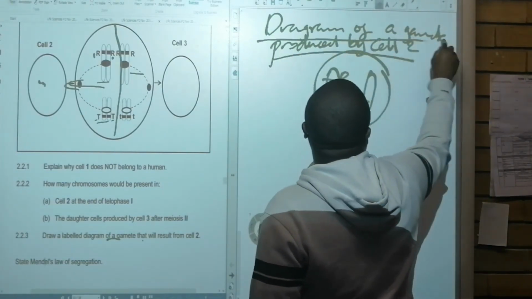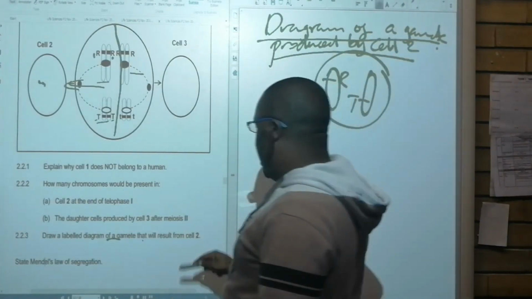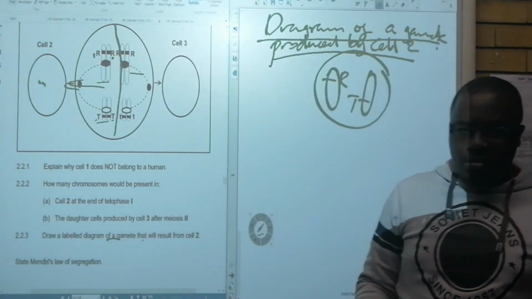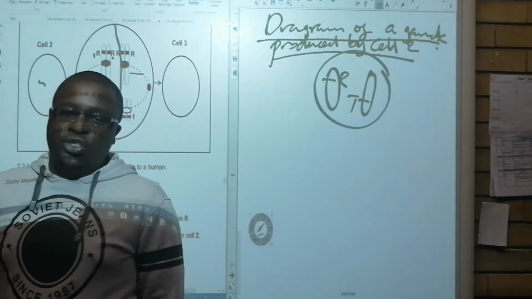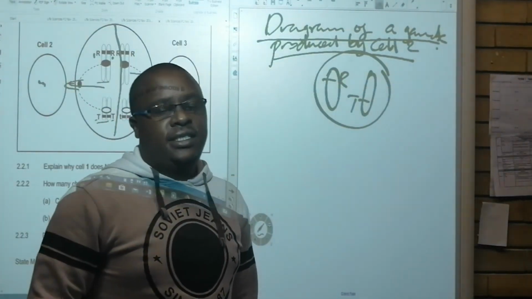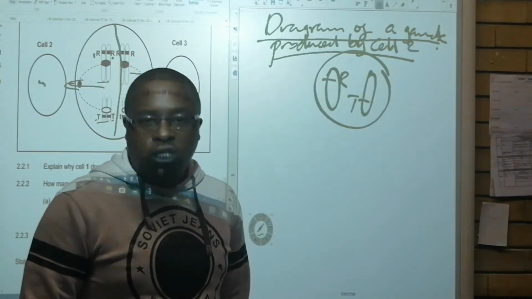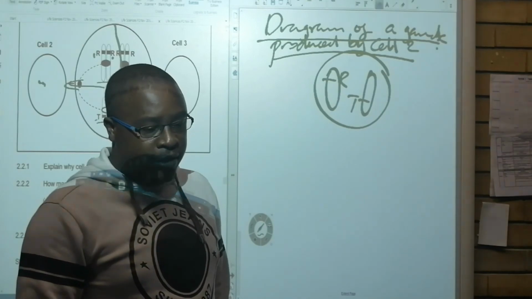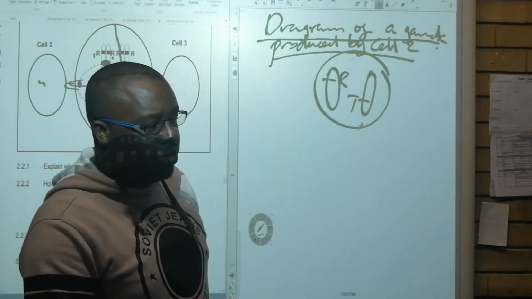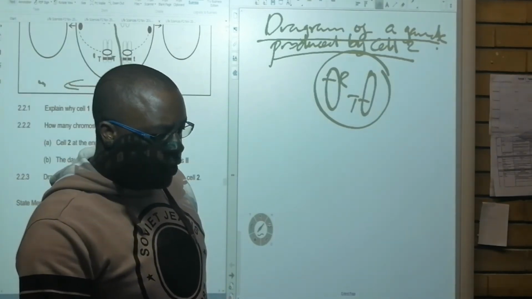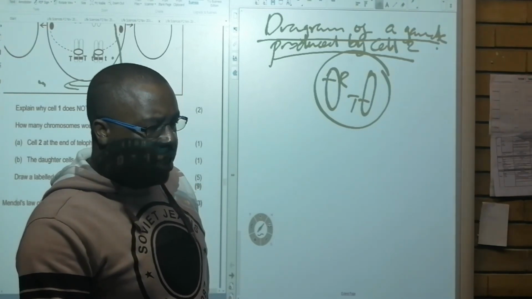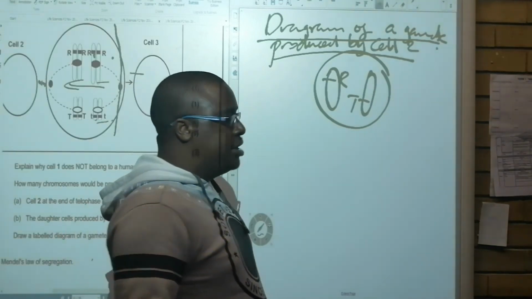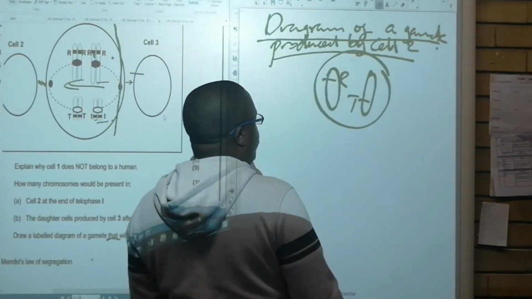I underline that. And then I have the diagram. Each diagram should be at least 6 lines to half a page, not more than half a page. Are we together? It needs to be clear. That's what I'm trying to say. And then you put your labels.